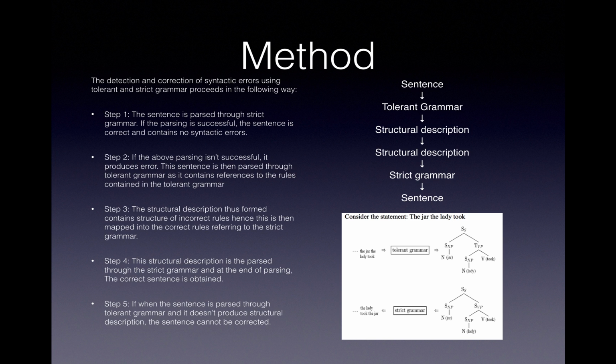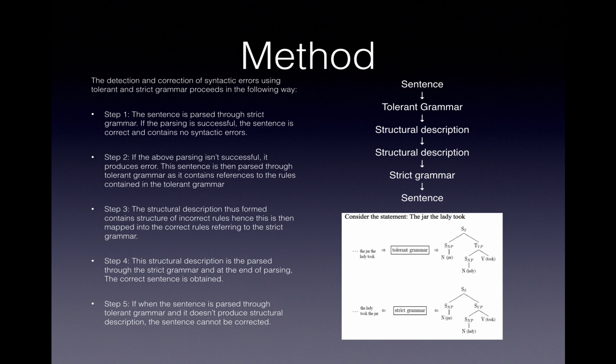Thus, throughout the whole process, we understand that a sentence with incorrect grammar is selected. This sentence is parsed through strict grammar, which gives an error. So it is parsed through tolerant grammar, and later it is corrected, as shown in the figure.